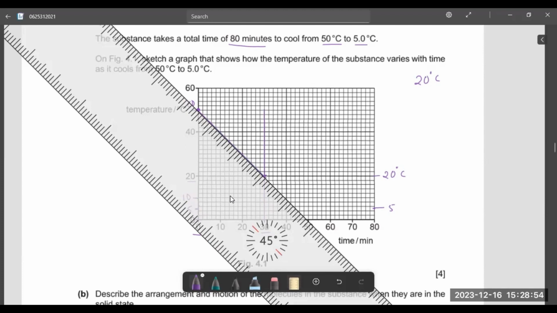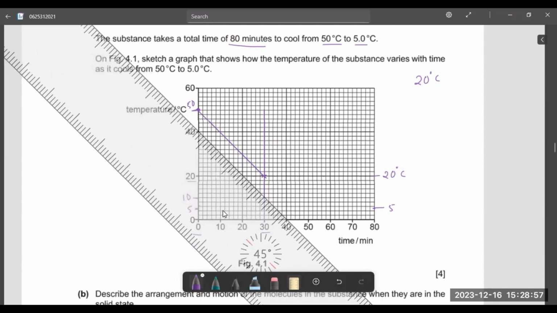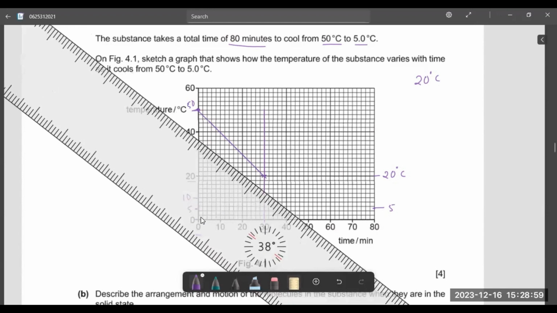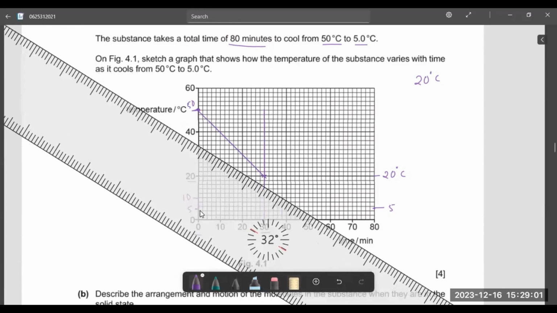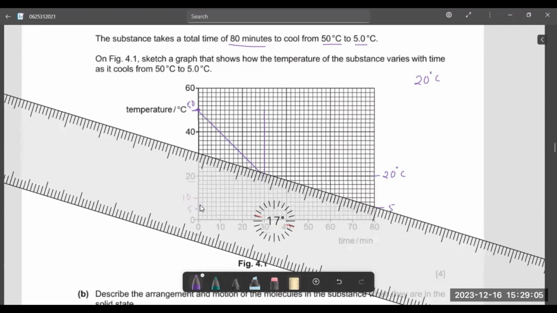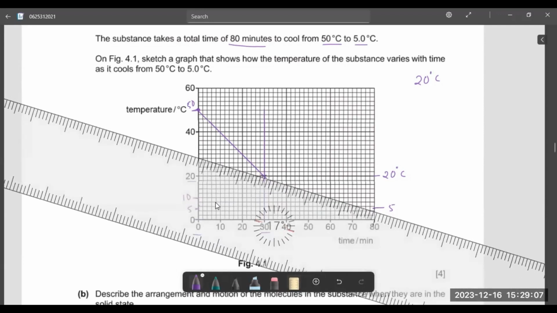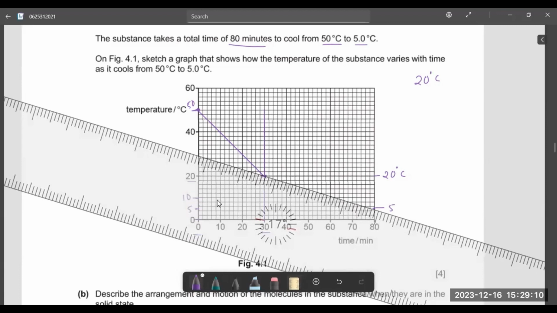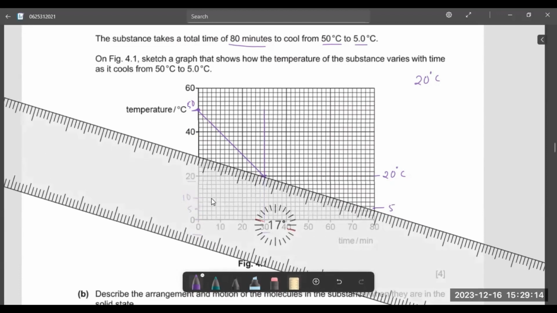Next, it is reaching 5 degrees after 20 when the time is 80. 80 means this corner point. When it is reaching 80, the temperature is 5.